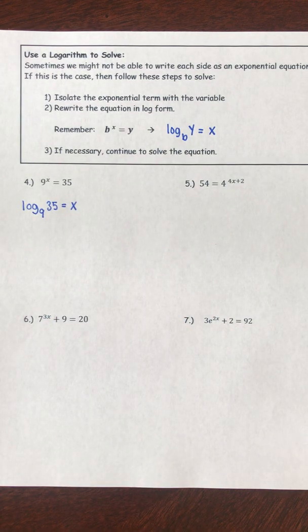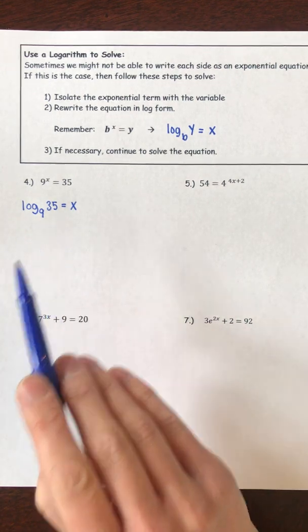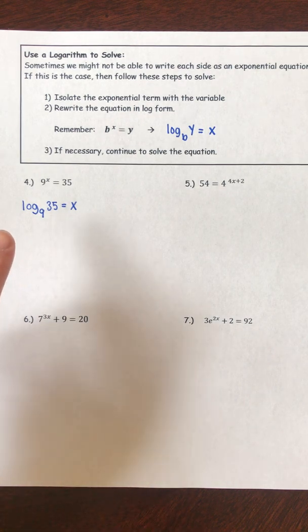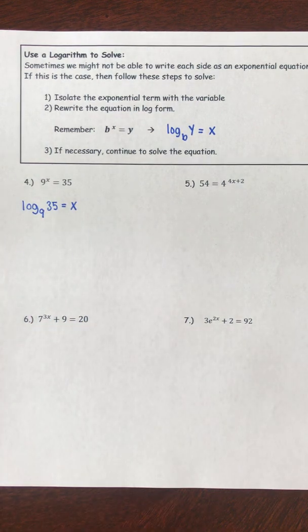Now, in your practice on Schoology, some of the problems might leave your answer like this. Some of them will take this and turn it into a decimal. So I uploaded a document on Schoology that shows you the different ways of how to put these logs into your calculator, or maybe if you don't have a calculator that does that, a website that you could use.